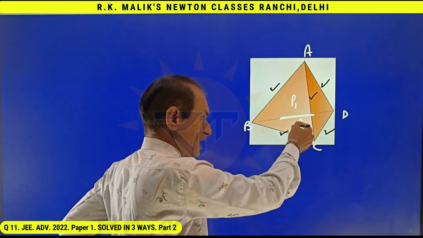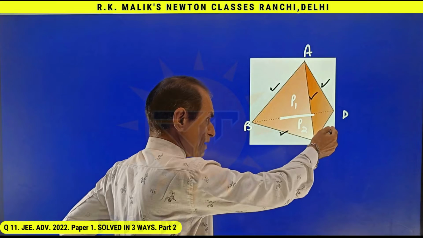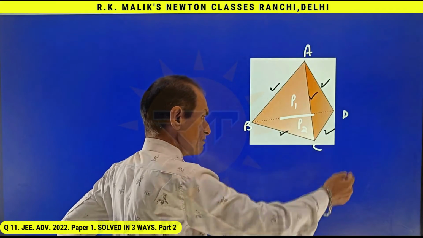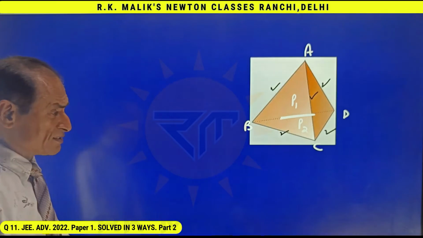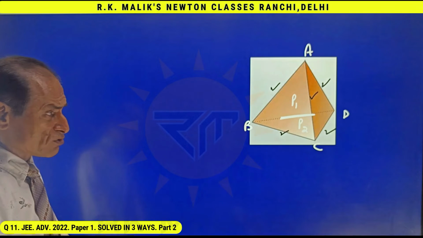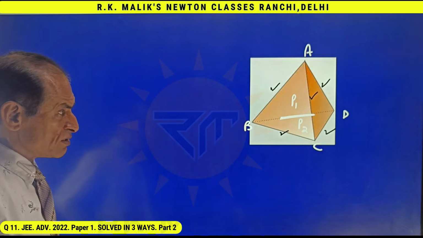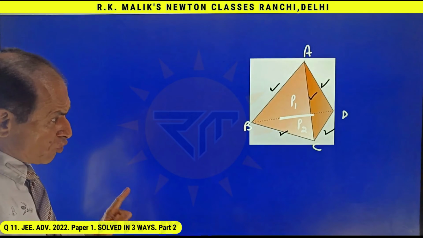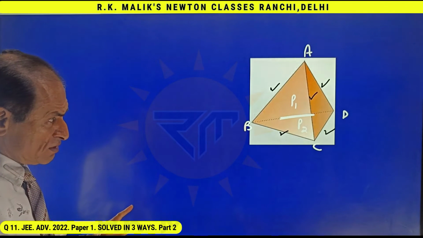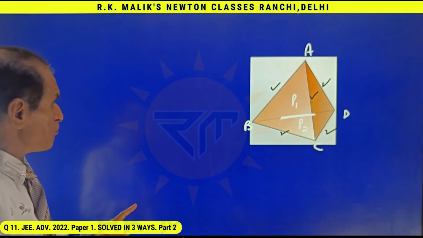Hence, the line is lying in the plane P2 and parallel to the line BD. Hence, it will not be an edge of the tetrahedron. That is, I can say the line will not be an edge of the tetrahedron in three possibilities.